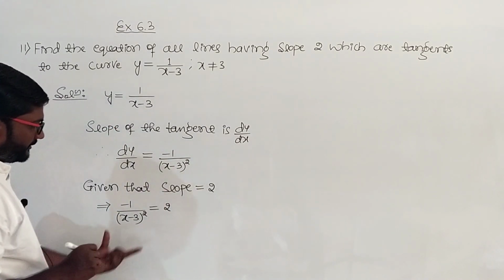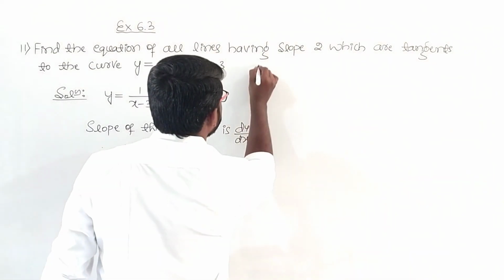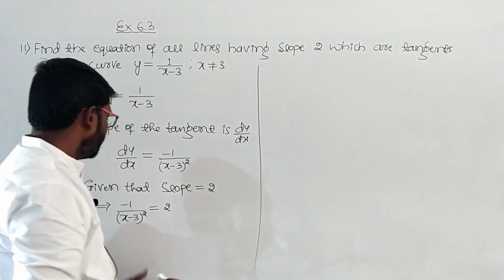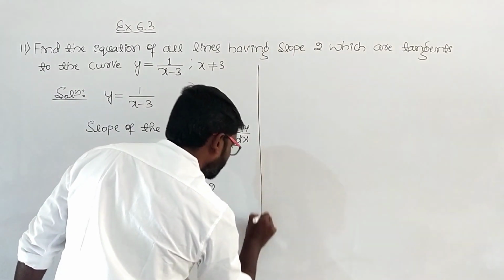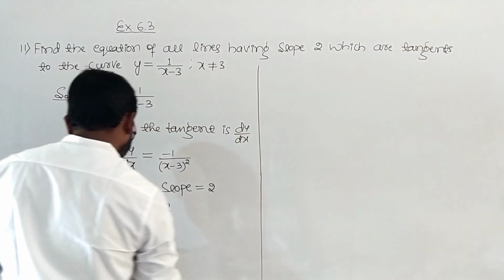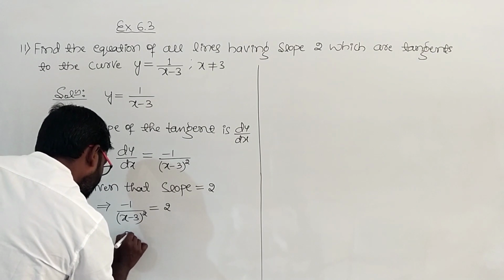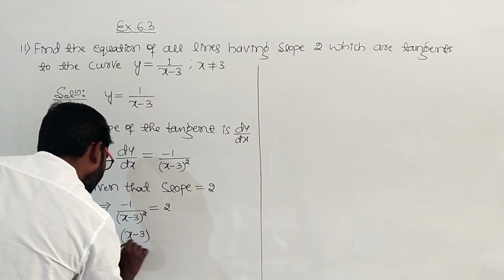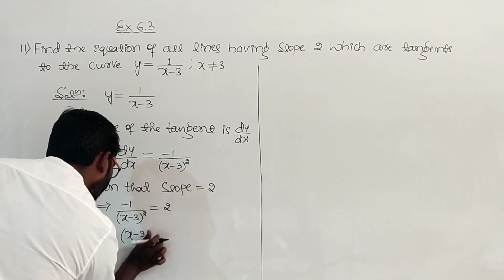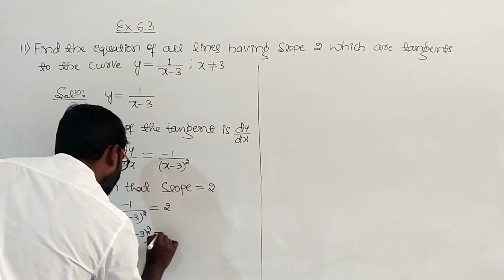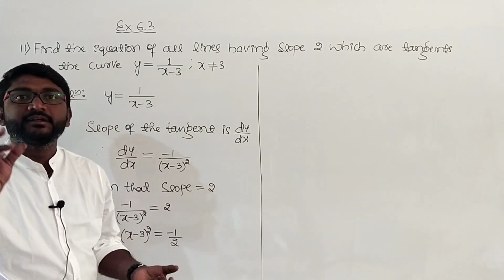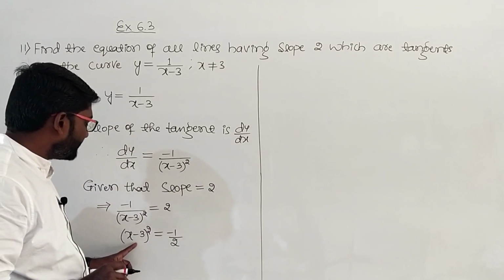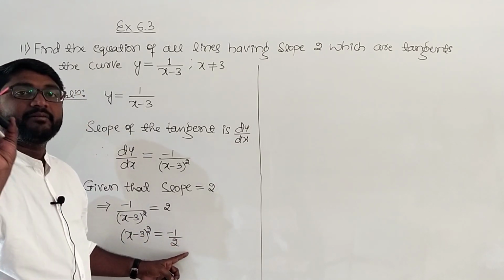So if you take the reciprocal on both sides, we get x minus 3 the whole square equals minus 1 divided by 2. This case is not possible because the square of any real number is never negative.